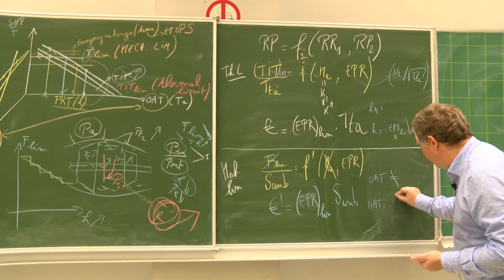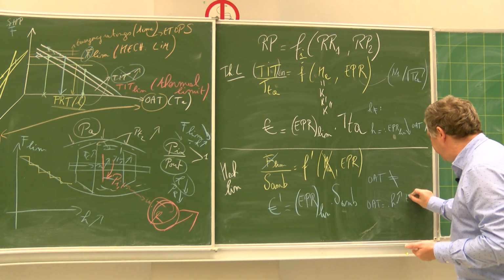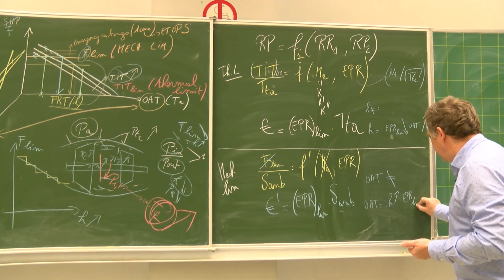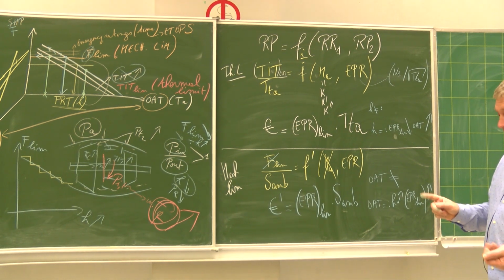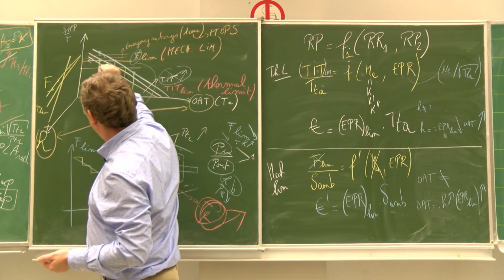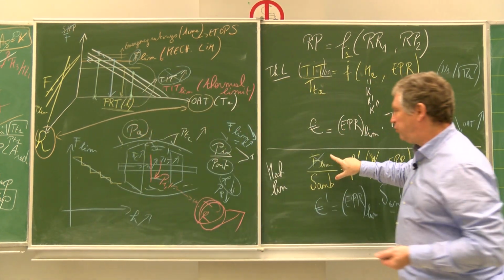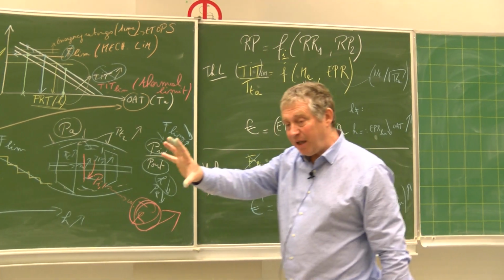You will see that when H is increasing, this is decreasing, so the EPR limit is increasing. And you see that you replace this limit that is related to the thrust by the same indicator.